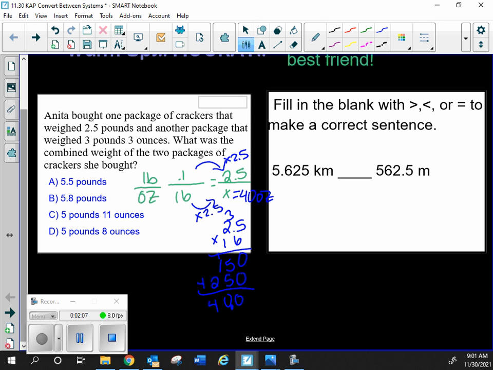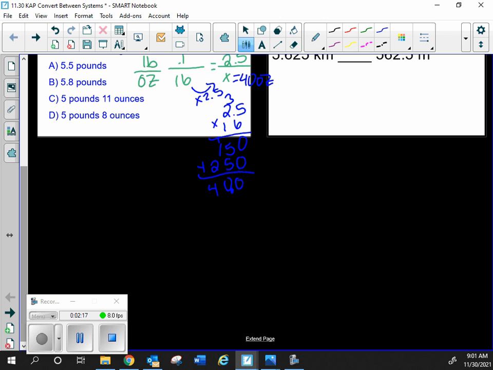And then we can go ahead and change that 3 pounds, 3 ounces. If it's split like this, like the 3 pounds and 3 ounces, you can just do the 3 pounds, convert, and then add the ounces on. So we could do the same setup. 1 pound, 16 ounces. We said 1 pound is equal to 16.